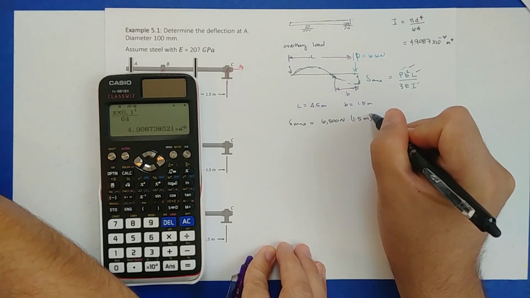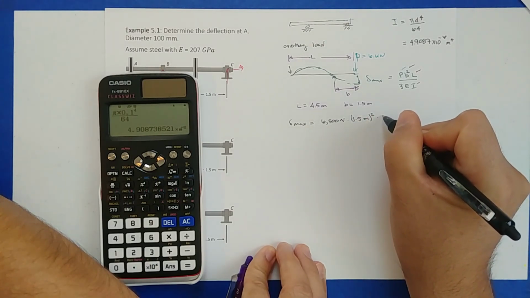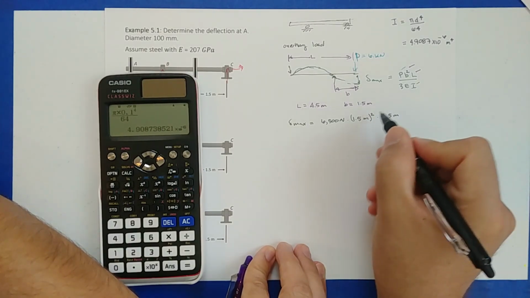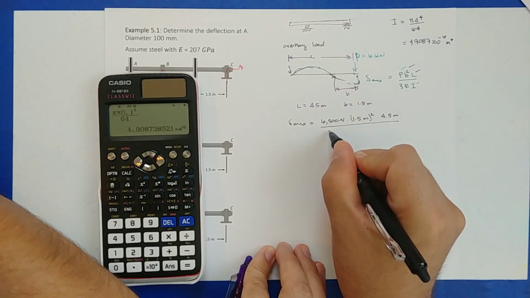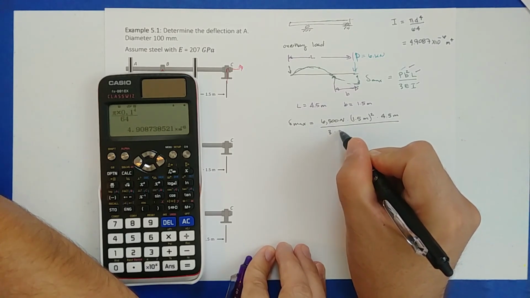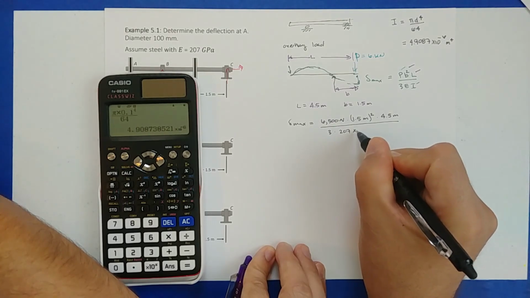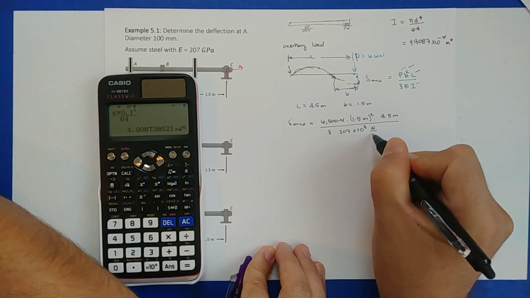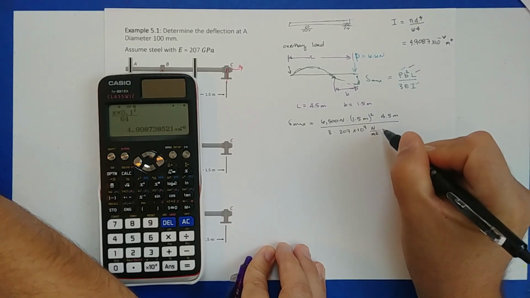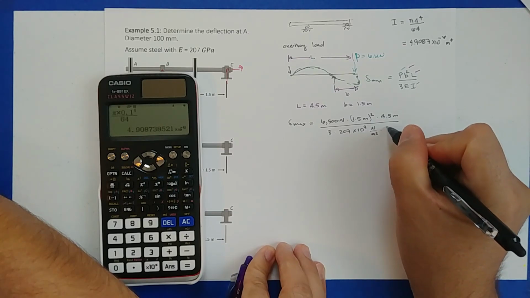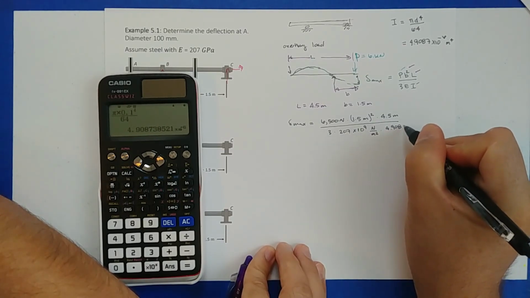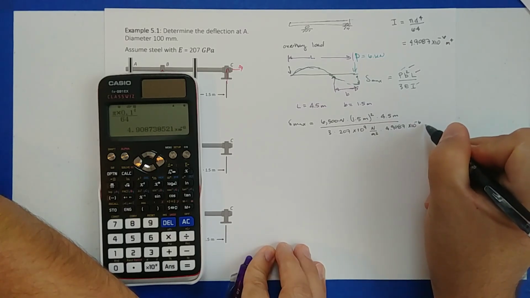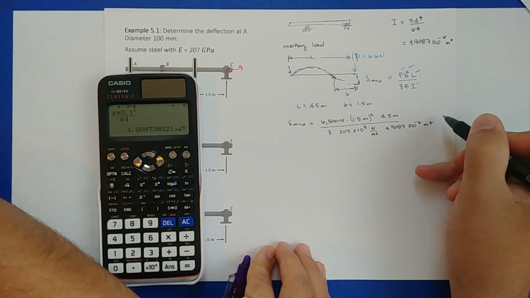Remember, we're going to square this one, times L, which is 4.5 meters, and then divided by 3 times 207 giga, or 207 times 10 to the 9 newtons per meter squared, times I, which we said was 4.9087 times 10 to the minus 6, and this is meters to the fourth.